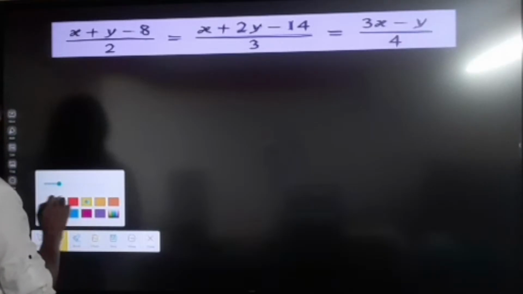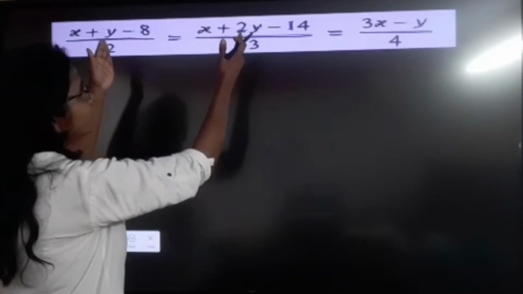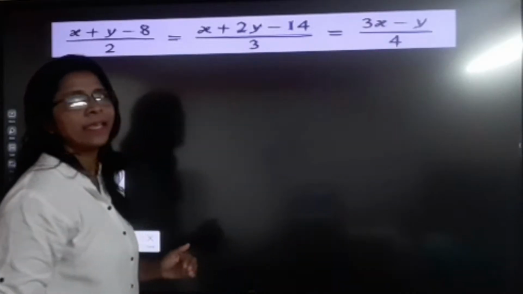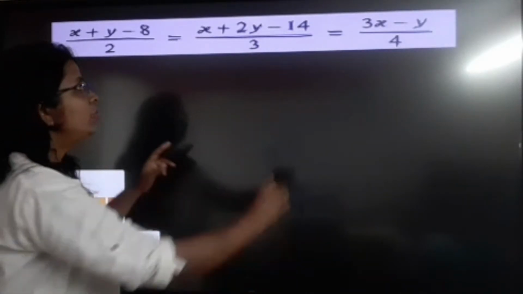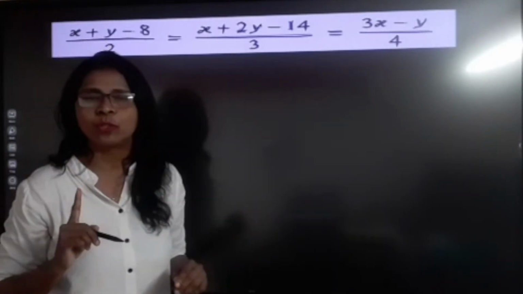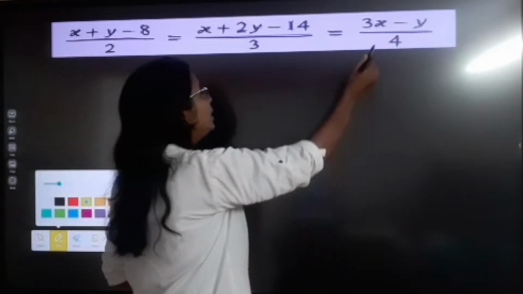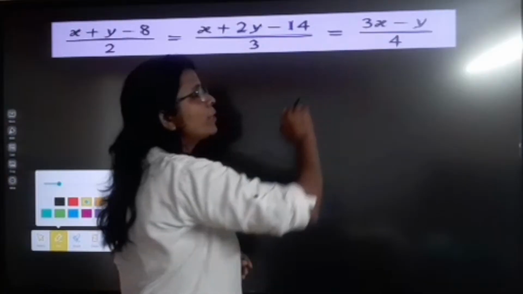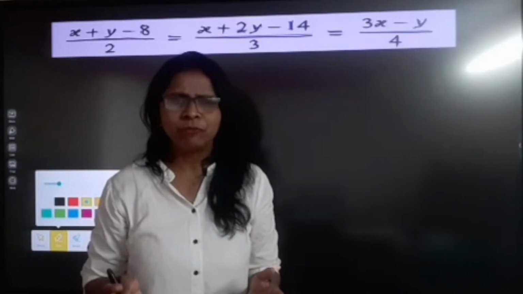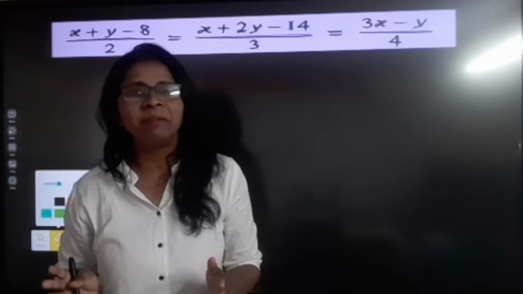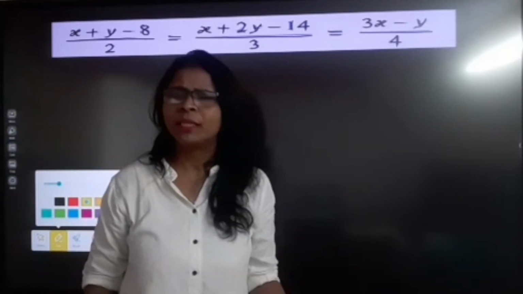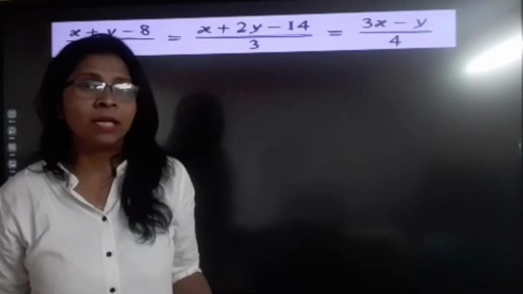Take the first two ratios as one equation and the second two ratios as another equation, and then solve those two equations by the proper method.